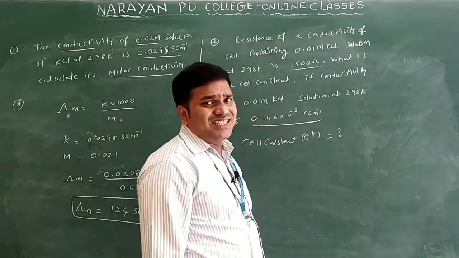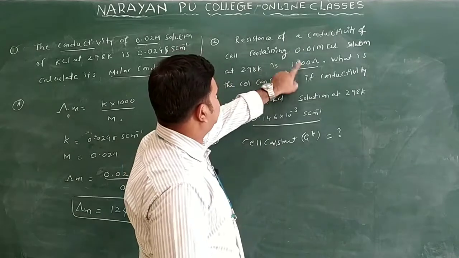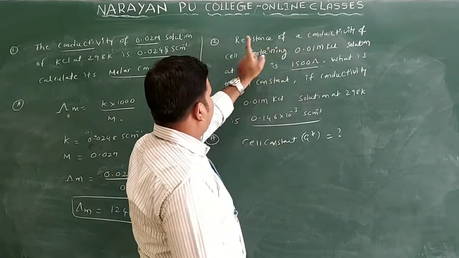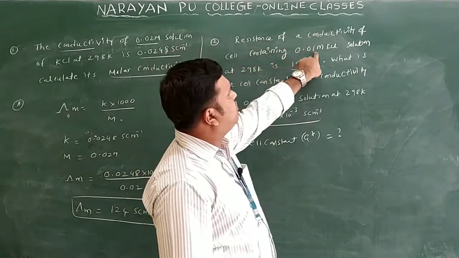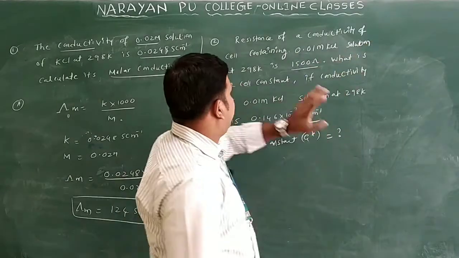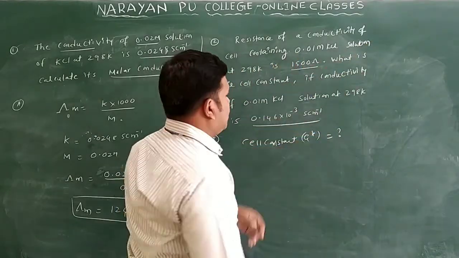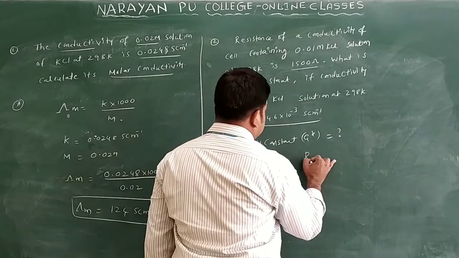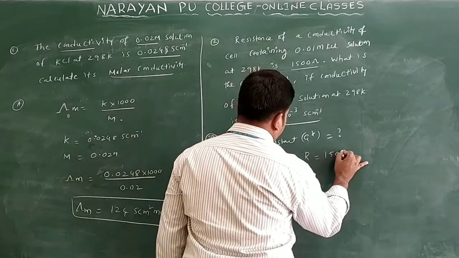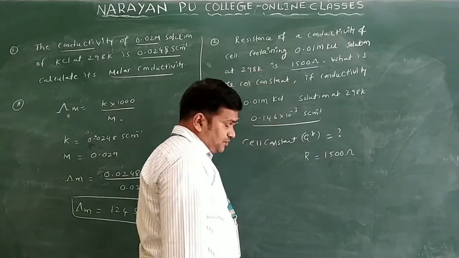What is given here? The resistance of the cell containing 0.01 molar KCl at 298 Kelvin is 1500 ohm. R is given, 1500 ohm.